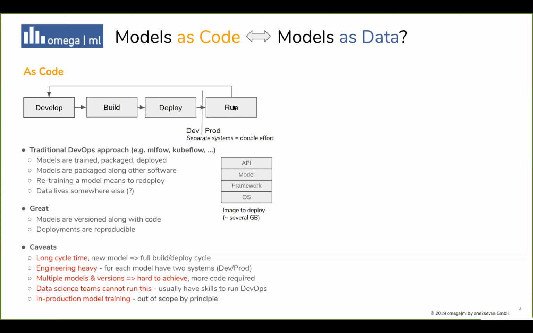And when you go to them and say, well, now my data has changed slightly and I need to update my model, they will say, no problem, just deliver the model. We'll go through the cycle again. We'll start developing a new release, we'll build that, we'll deploy that to the test server, and when we're satisfied with the results, we'll deploy that further to the production system.